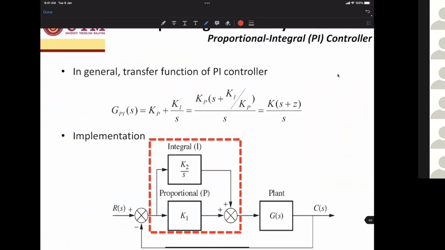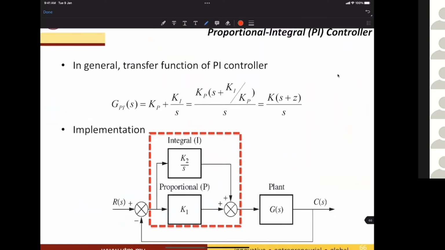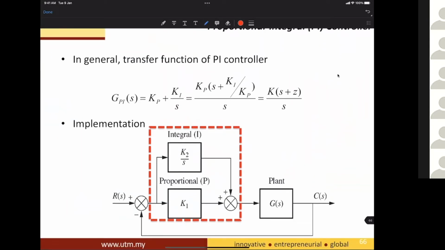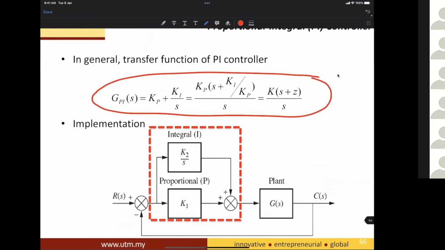So in general transfer function, okay, PI controller can be represented by these formulations: Kp plus Ki over S, okay, or you factorize Kp multiplied by S plus Ki over Kp over S, or K sama dengan S plus Z over S. So Z adalah Ki over Kp.